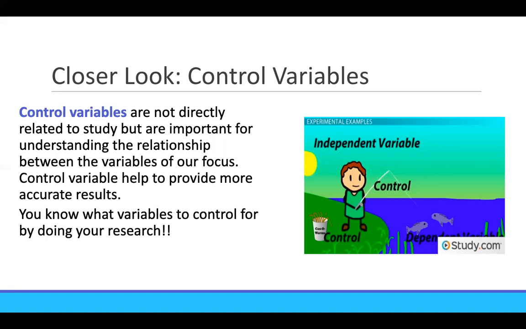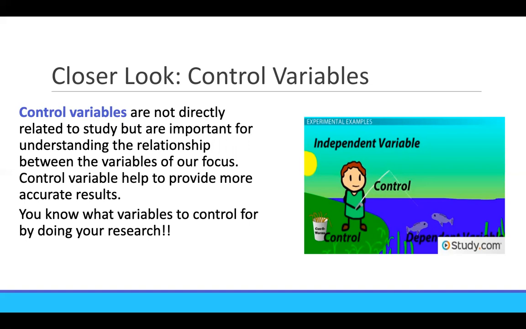And so that little image there, if your independent variable is weather, and the dependent variable is how good the fishing is that day, then things that you might want to control for are the type of bait that the people are using, the quality of rod, or their experience as fishers, because those are the types of things that could influence that relationship between your IV and your DV.